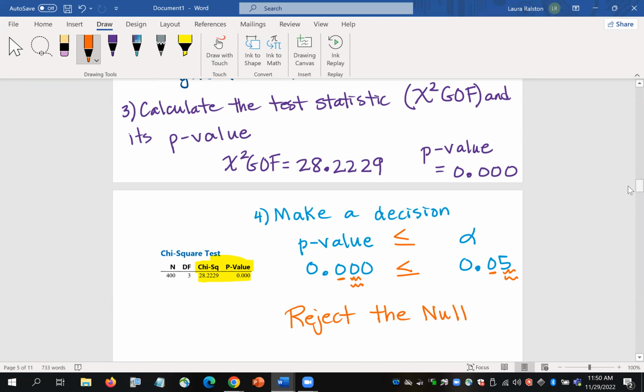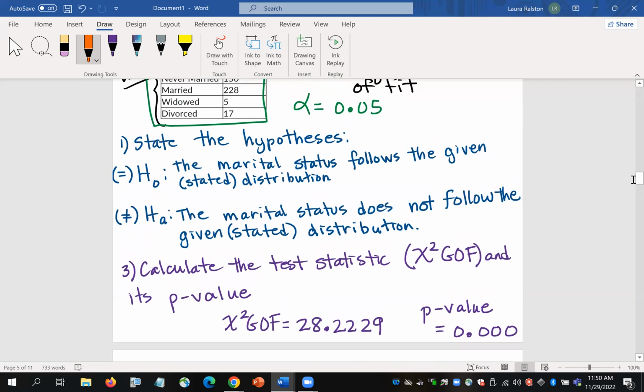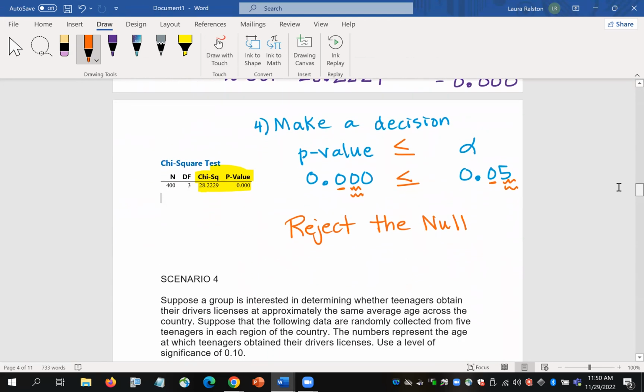So in the context of this problem, if we reject the null, that means the null is false and the alternative is true. So based on the data we have, the marital status does not follow that given or stated distribution.